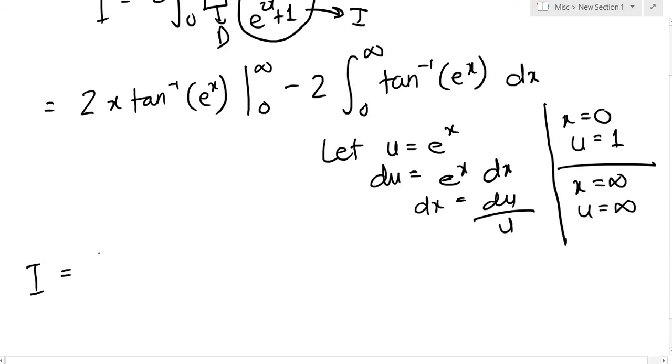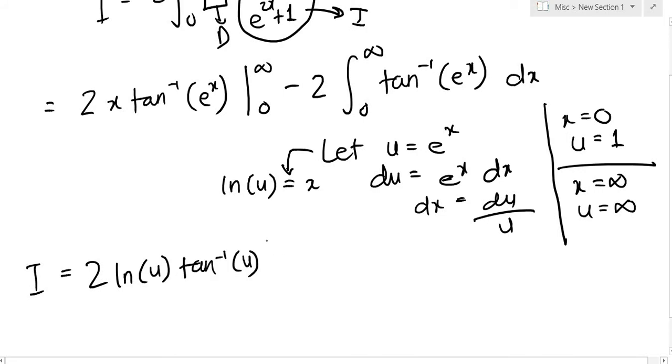Fine, so we have I as, we can actually make changes here also. So what was x? ln of u is x if we take natural log on both sides. So 2 times the natural log of u times the inverse tangent of u, and we again change these upper and lower bounds.